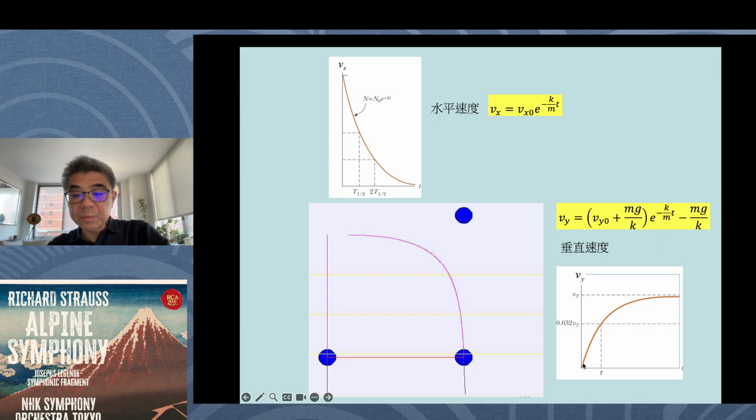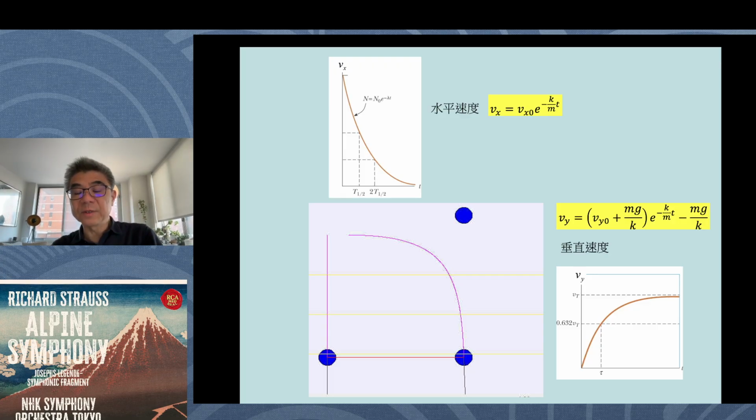That means the speed of the motion will get closer and closer, almost approaching this value of minus mg over k. So now we see what this constant minus mg over k means. This constant is the final constant speed the vertical motion with air resistance will approach.